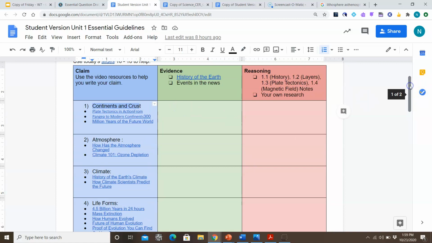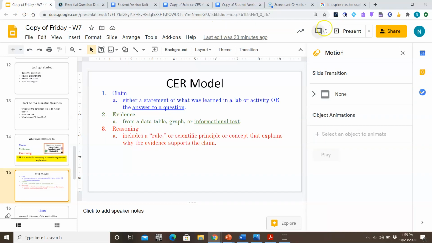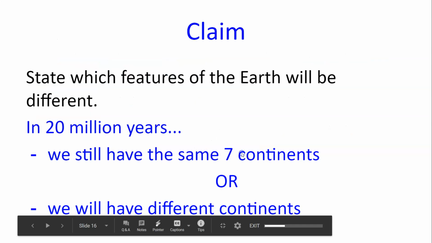All right, let's get into the example that we're going to do together, how the continents and crust will change. To help you with that, I'm providing in today's slides some sentence frames.